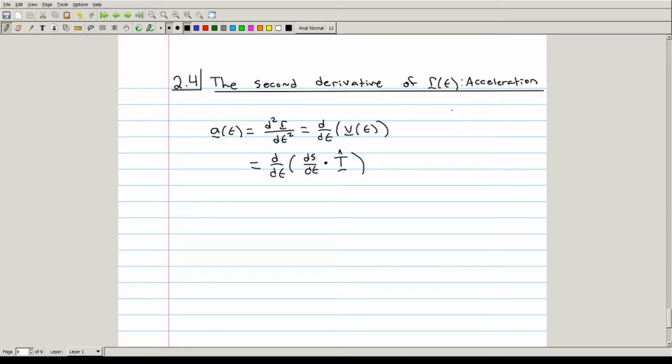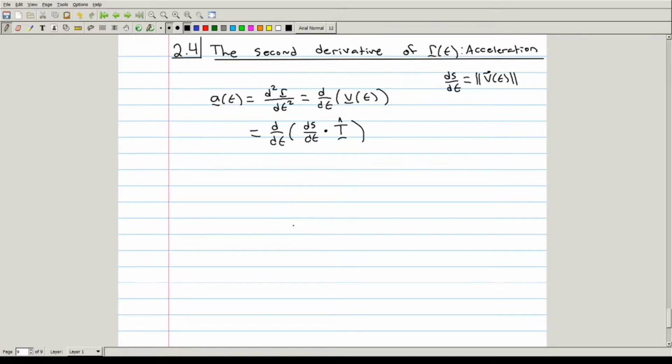Remember that we showed from before that ds/dt, the rate of change of arc length with respect to the parameter t, is exactly the magnitude of the velocity vector. So this is just expressing that decomposition.